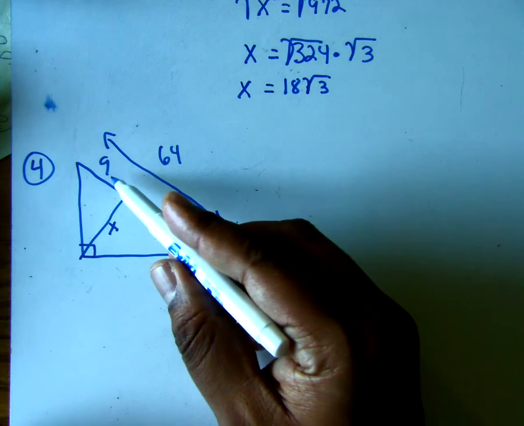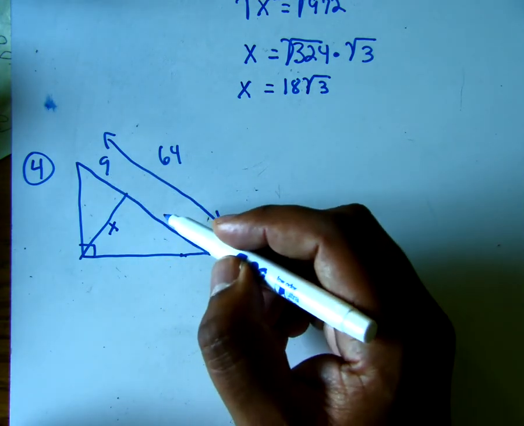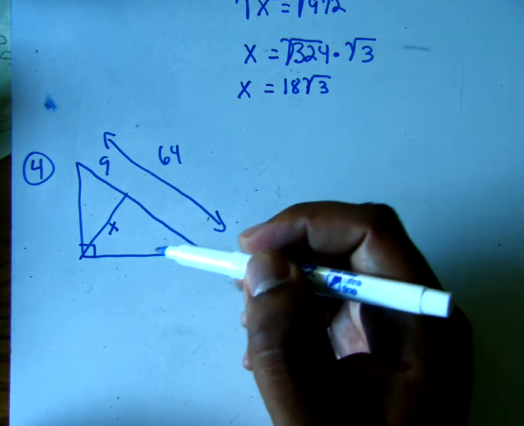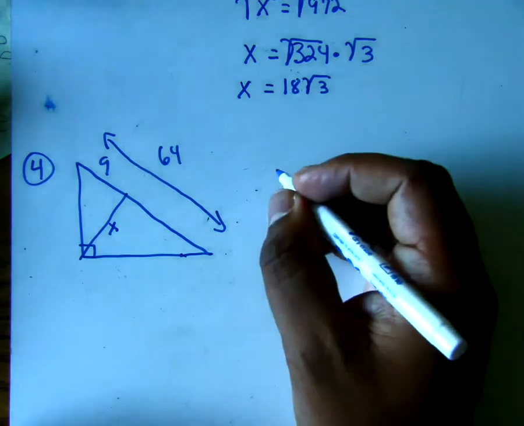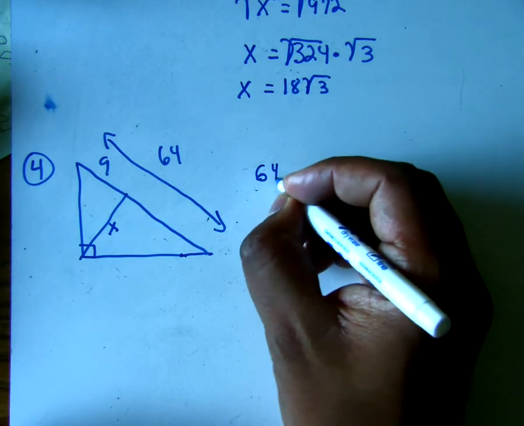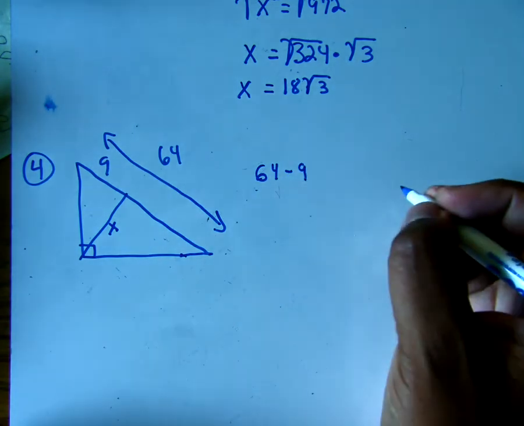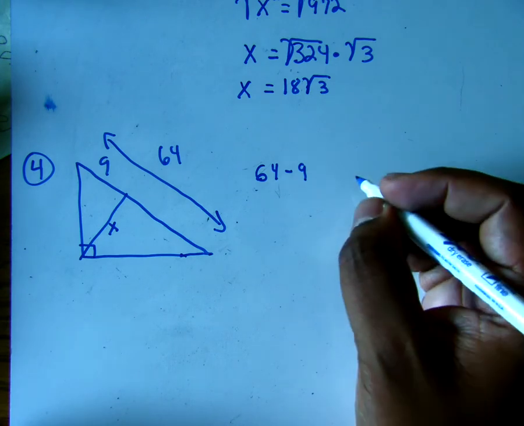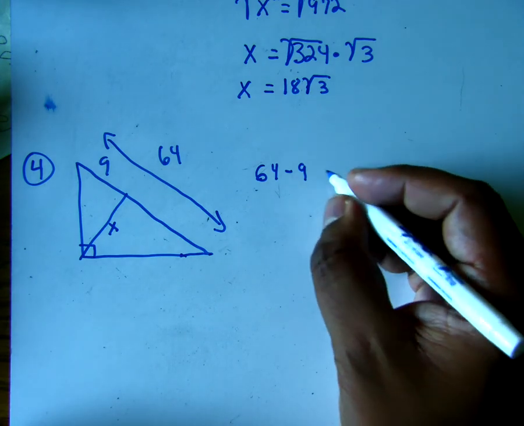We have one part, but we don't know the other part. So in order to get that part, what we'll need to do is take the 64 and subtract 9. And that's going to get us 55.